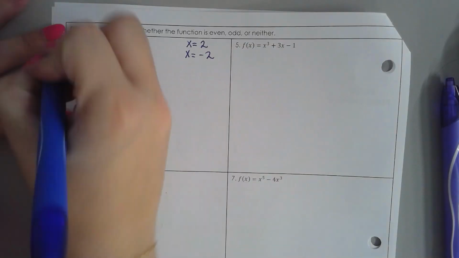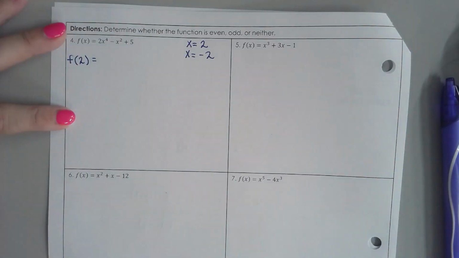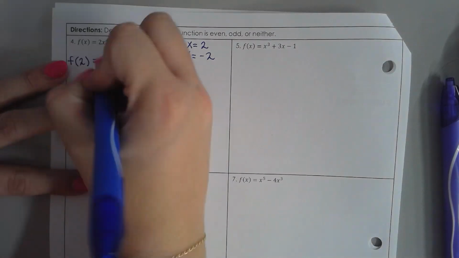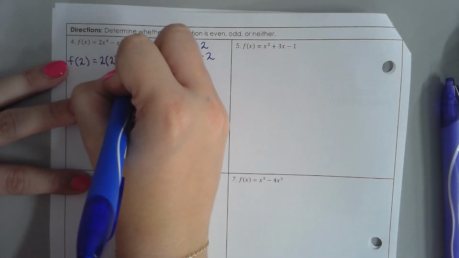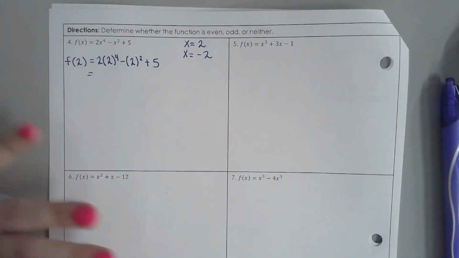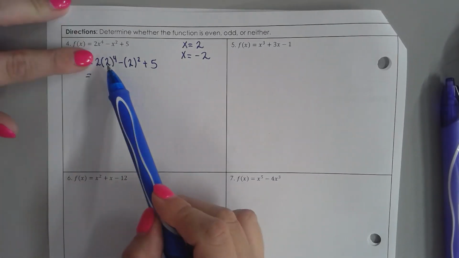So if we find f of 2, now if we ever happen to plug it in and get 0, you need to try a different number. Just try plugging in something besides 2. All right, but f of 2. Try to do some of these without your calculator.